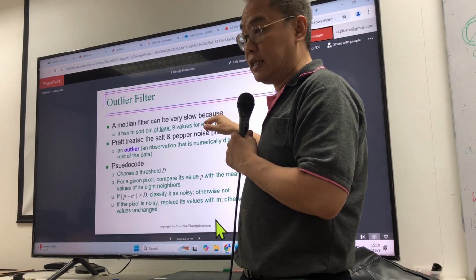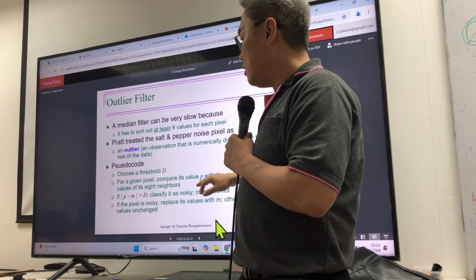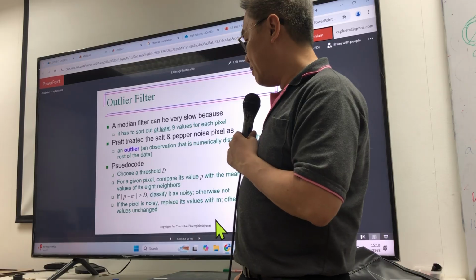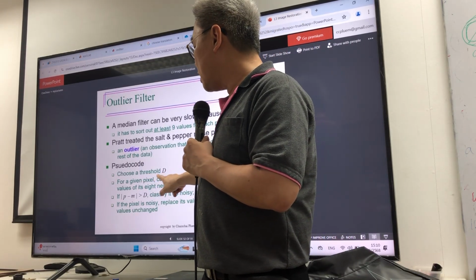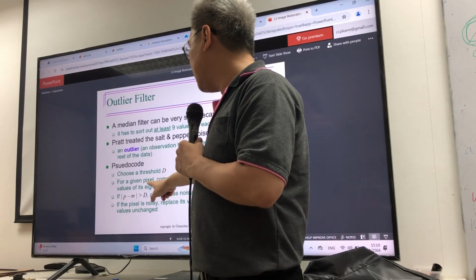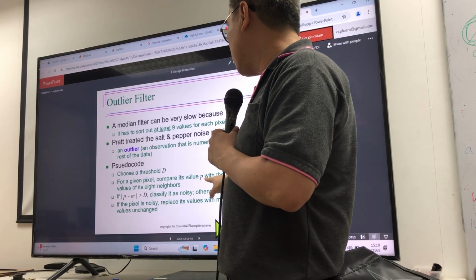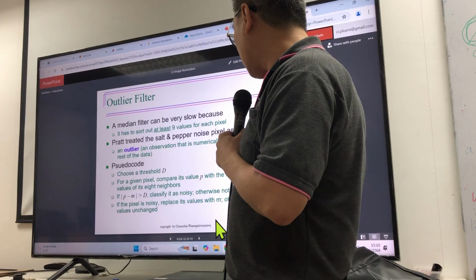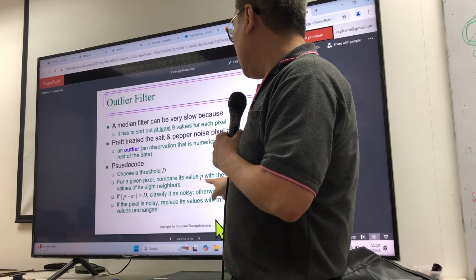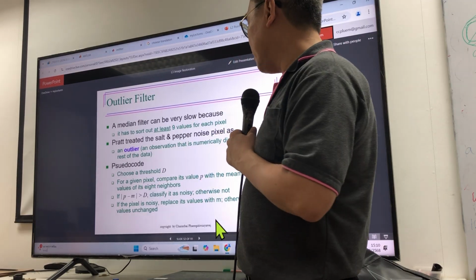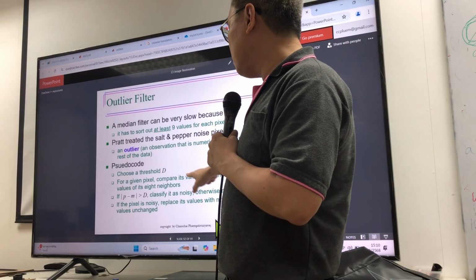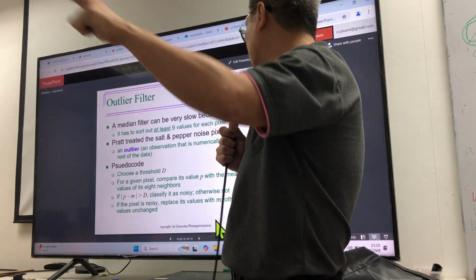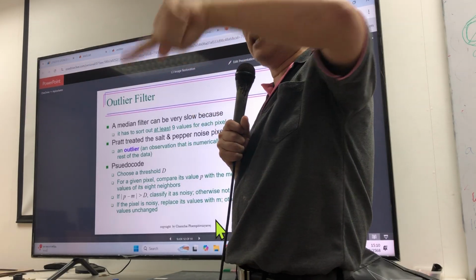The median filter is not linear. The outlier filter is linear. This is what they do. You set up a threshold first. For a given pixel, compare its value P with M, the mean of the average of its 8 neighbors.